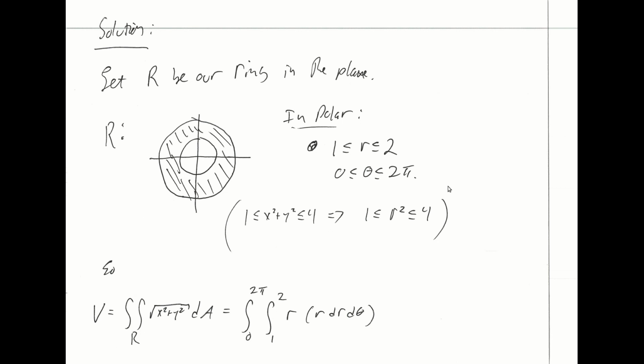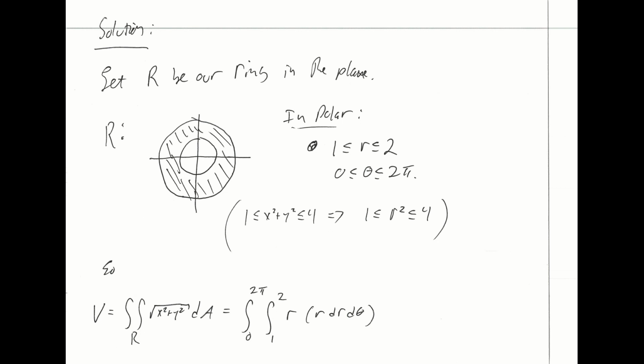So they asked us for the volume between the cone and this ring in the xy plane. So that volume is going to be given by the integral of the equation which gives the surface over the region that forms the base of the volume that we're trying to find. We had a theorem a while ago that said if you want the volume between some region of the xy plane and a surface, you integrate the equation that gives you that surface over that region.